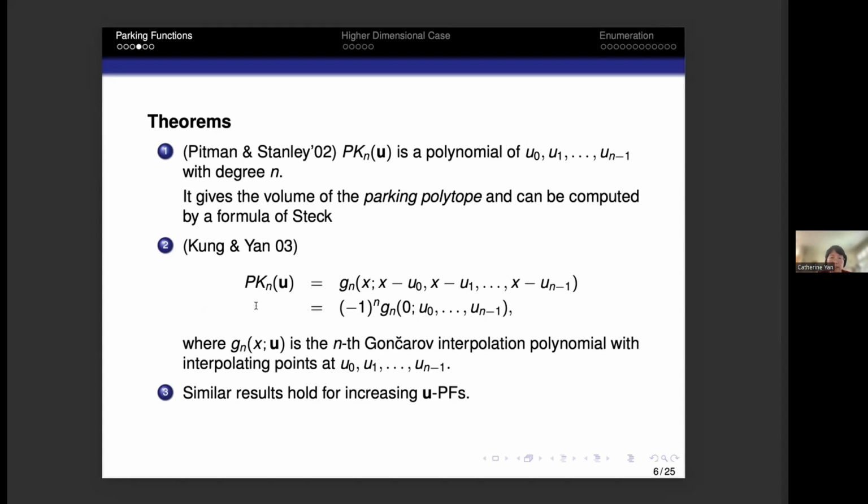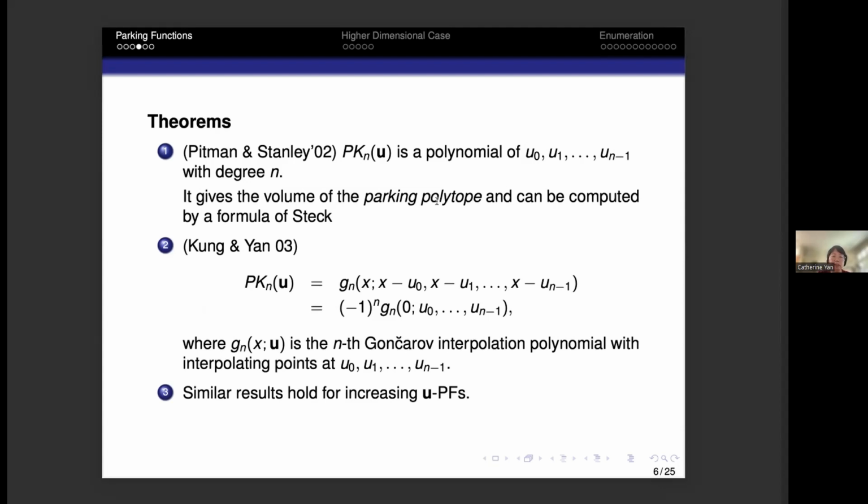Stanley's notation is a little bit different from mine because he used a vector which is basically the difference of my U vector, but the results are equivalent. This number is also given by the volume of a special polytope called the parking polytope, and it can be computed by a formula from statistics.